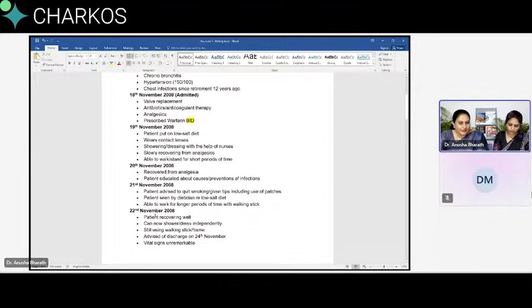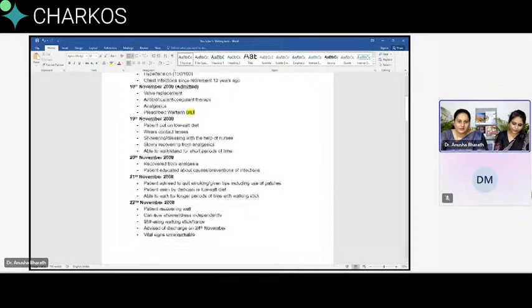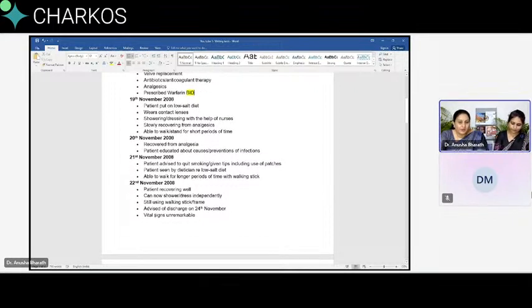20th November 2008, recovered from analgesia, patient educated about causes and prevention of infections. On 21st November 2008, the patient was advised to quit smoking and was also given tips including use of patches. Patient was seen by dietitian. Note this term, RE.